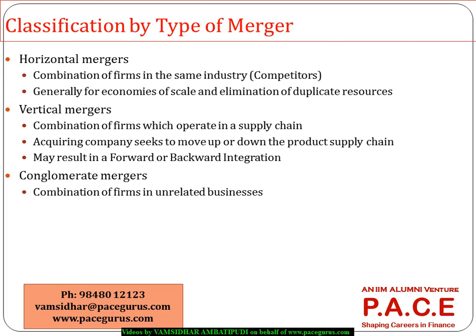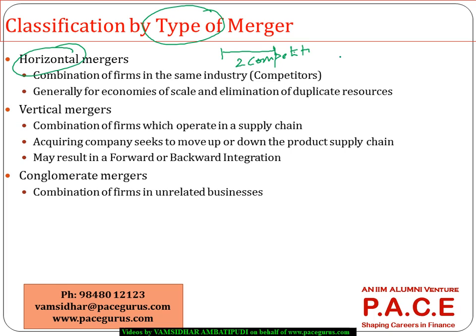The other type of classification I look at is by the type of merger, meaning what kind of companies are coming together. That can be classified as horizontal, especially if the merger is between two competing companies in the same industry.